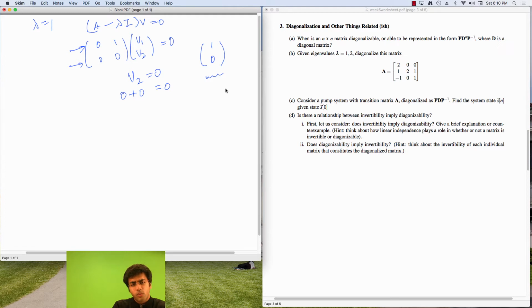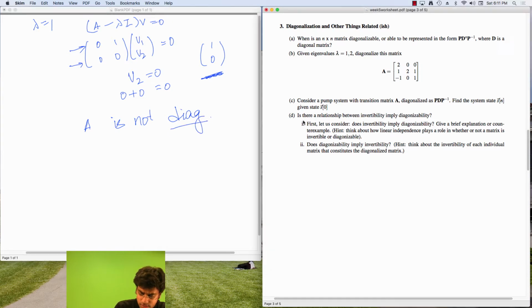However, I only got one eigenvector, and any other eigenvector that I solve for must only be a linear combination of this guy. And then I conclude that I don't have enough linearly independent eigenvectors, and therefore A is not diagonalizable.